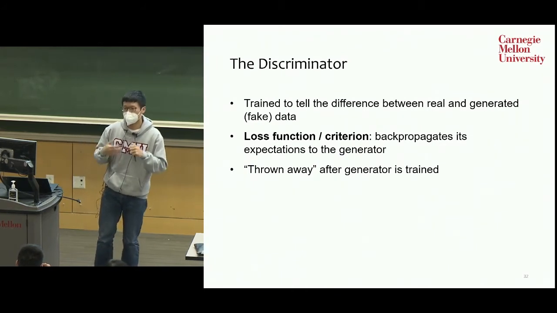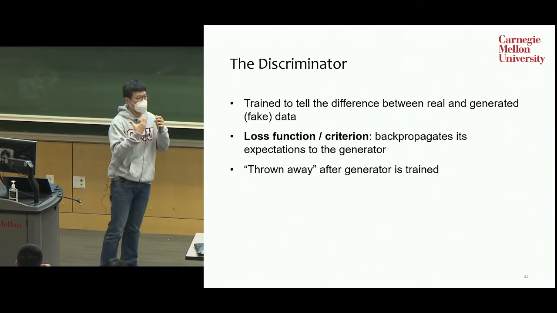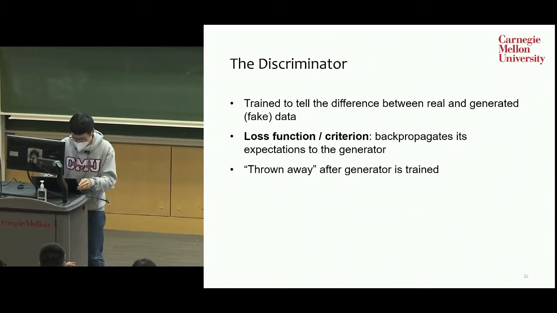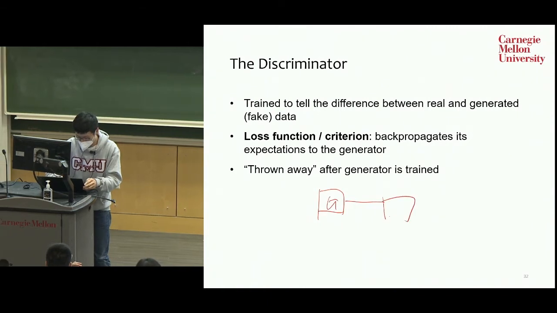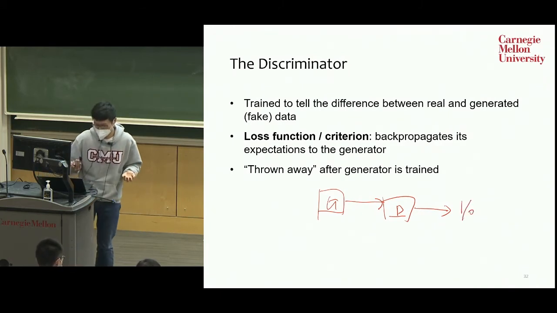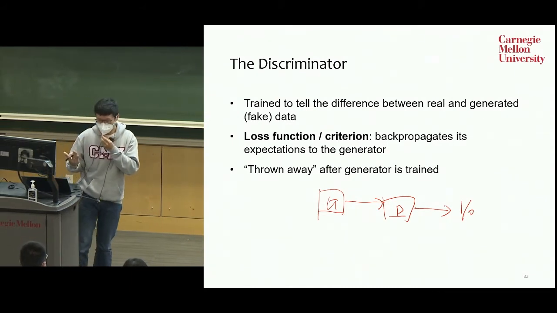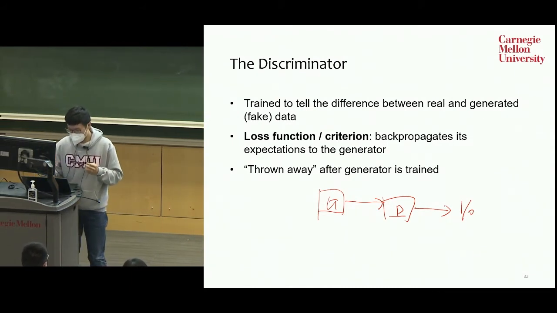If you look at the diagram shown in the previous slide, we have a generator that gets connected to a discriminator, which then gives us a loss function, which is 0-1 loss. So if you want to backpropagate a gradient, the gradient of the generator actually comes from the discriminator.